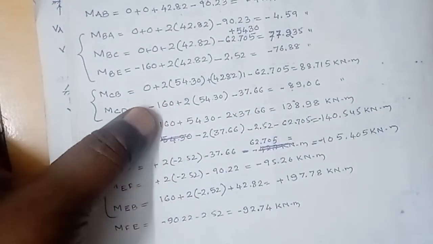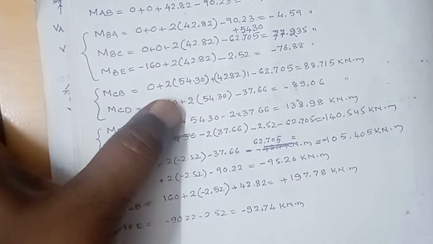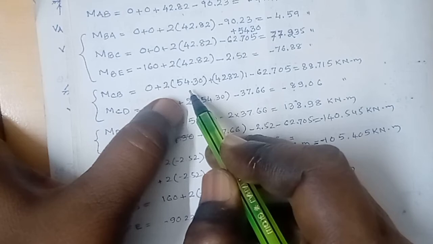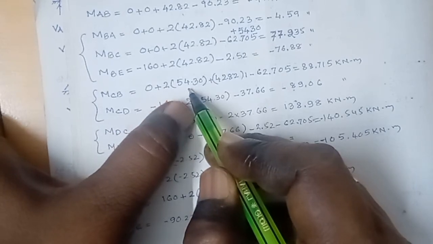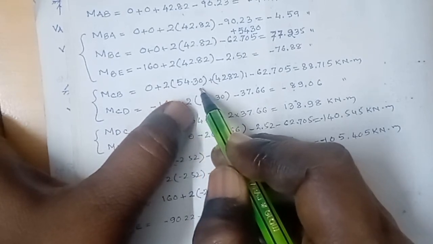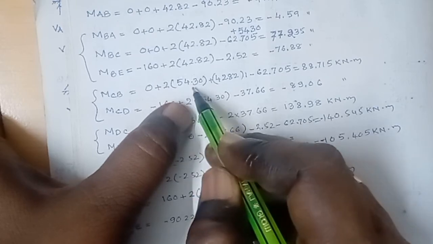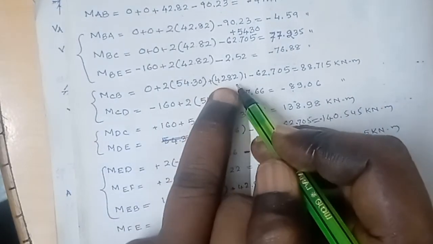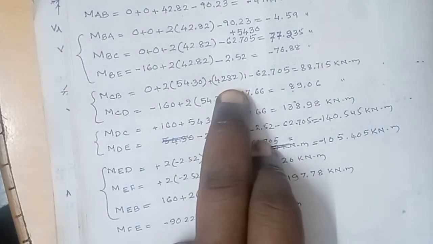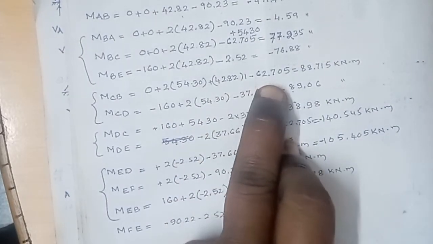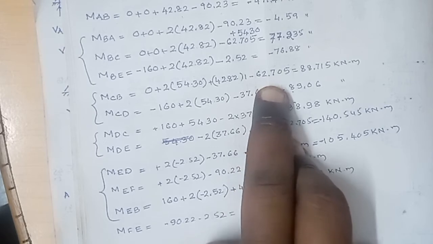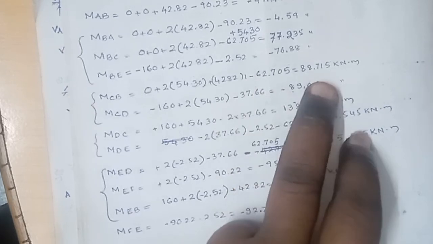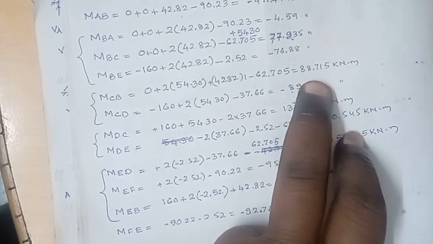Then for MCB, top story, the fixed end moment is 0, the near end contribution is 54.30, 2 times for the vertical member C to B, that is for the column, plus 1 times far end contribution, that is 42.82, the displacement contribution, that is minus 62.705, that equals 88.715.